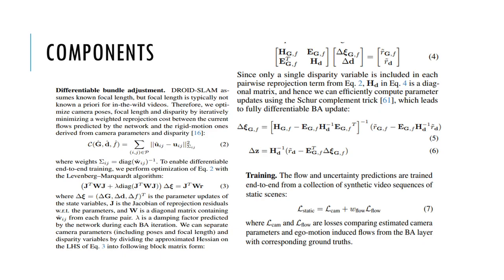Here DROID-SLAM assumes a known focal length, but focal length is typically not known a priori in in-the-wild videos. Therefore we optimize camera pose, focal length and disparity by iteratively minimizing the projected weighted cost between current flows predicted by the network and rigid motion ones derived from camera parameters and disparity.